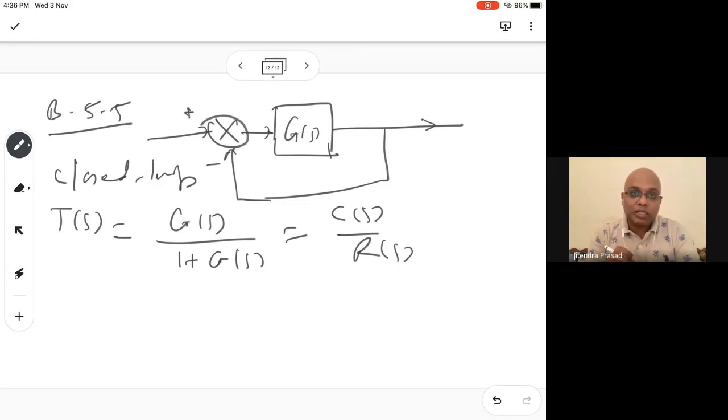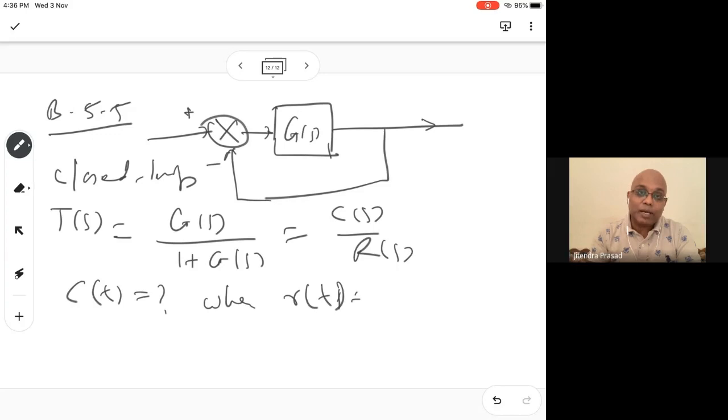So unit impulse response and unit step response, and you have to find C(t) for two cases. Number 1, when r(t) is a unit impulse, so you can say delta(t).